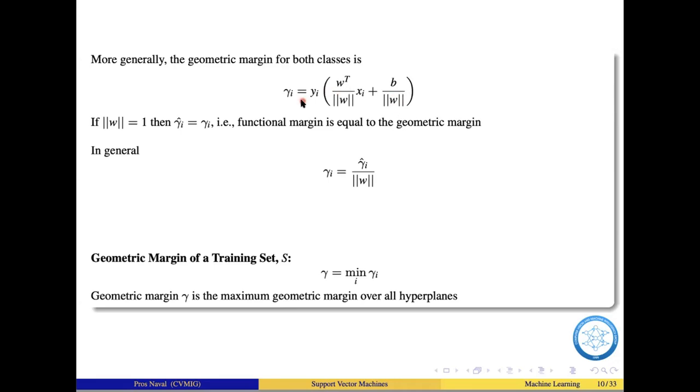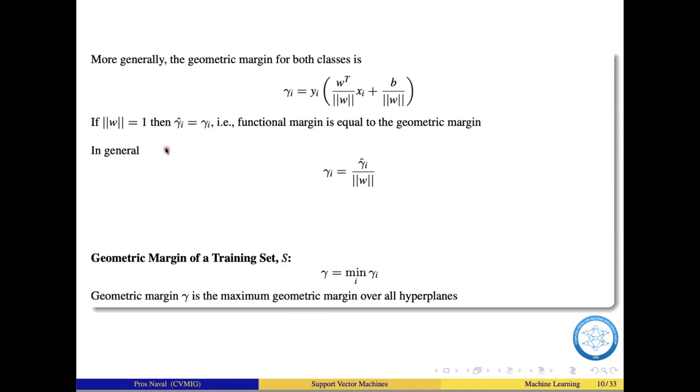Now, if you want to make the two the same, we just impose the condition that the norm is equal to 1. Therefore, we can say that when the norm of your weight vector is equal to 1, the functional margin is equal to the geometric margin.